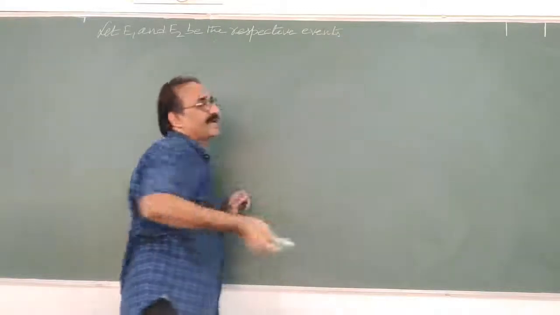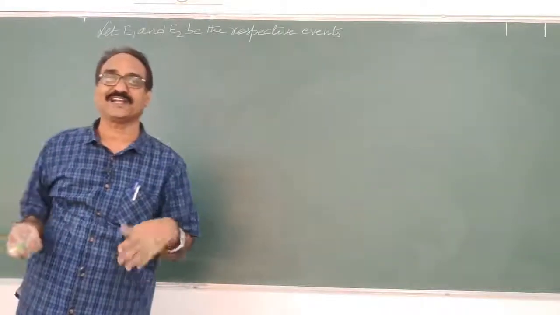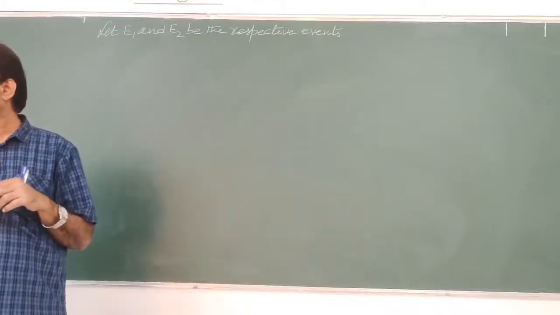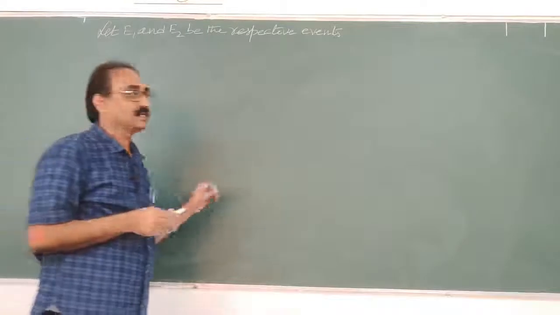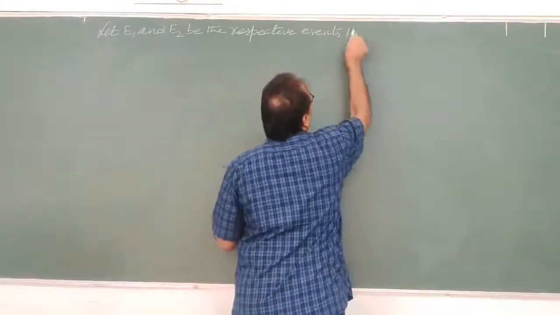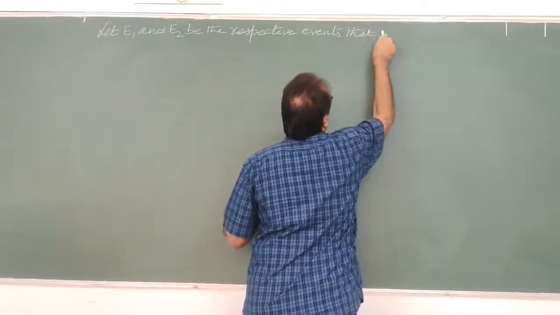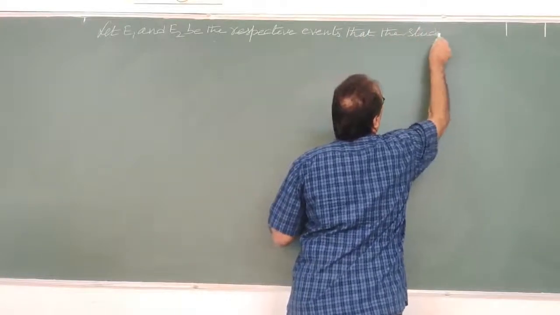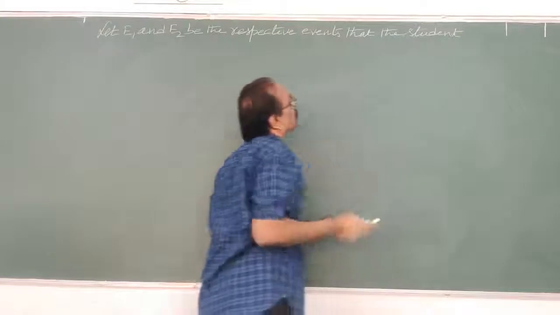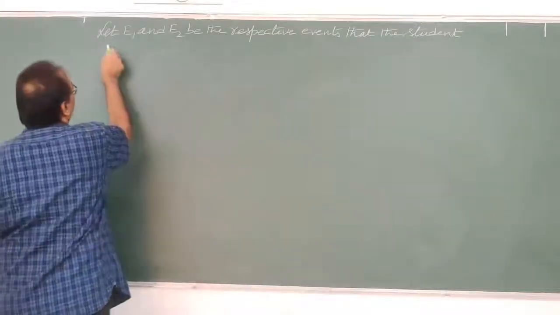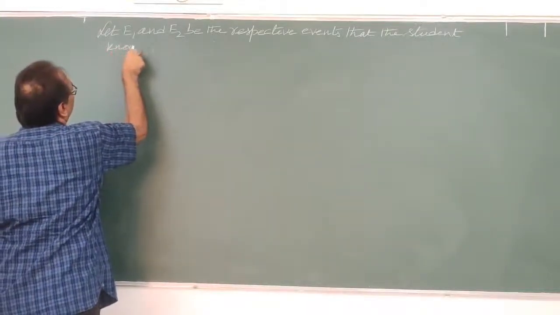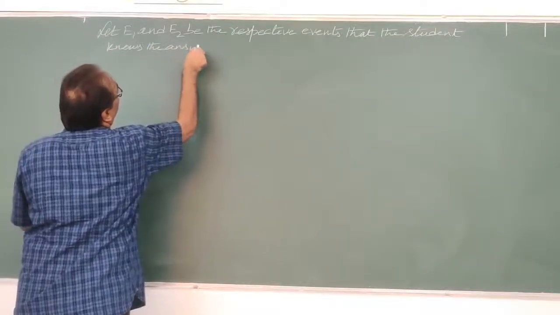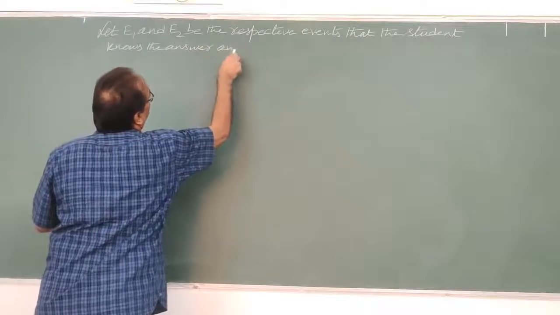If I don't write like this, it means by this time we would have completed all the questions, but it will be difficult for you. That the student knows the answer, and another one.